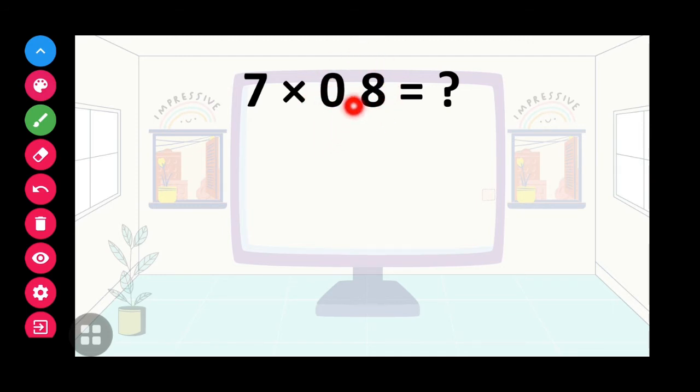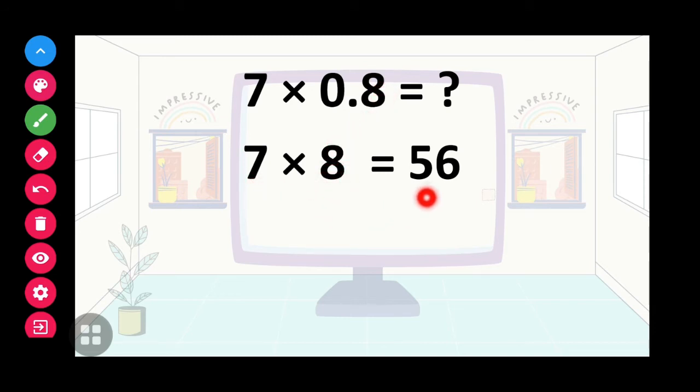You write the number 7 as it is, and 0.8, without considering the decimal, you read as 8. You multiply these two numbers and you get 56. Now without considering the decimals, we multiply the two numbers and we have the answer in our hands.